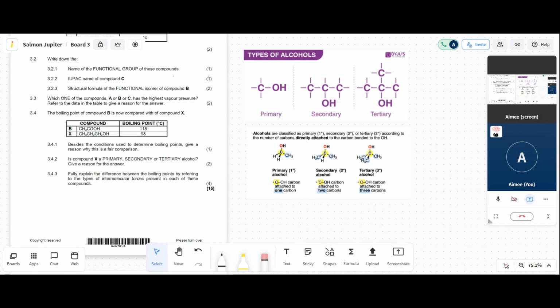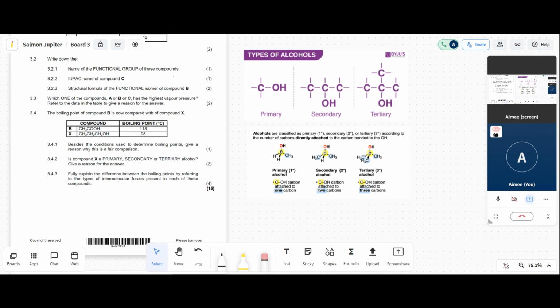Okay, and the reason they both have got hydrogen bonding is because they have an OH group there. An OH group is present, which means hydrogen bonding is present. Remember, it's got to be hydrogen bonded to fluorine, oxygen, or nitrogen, all of those major ones that fall into your hydrogen bonding section.